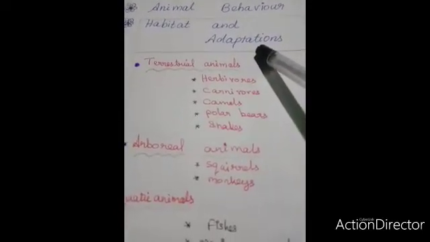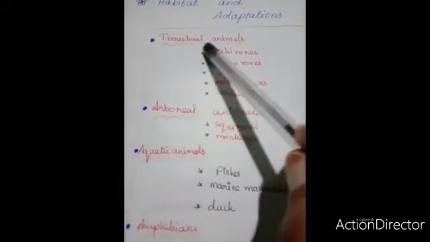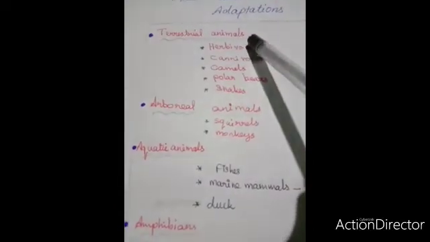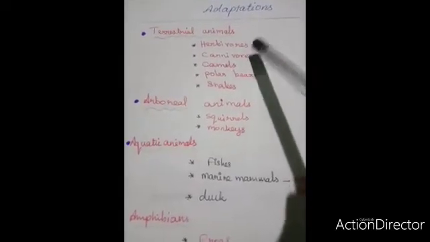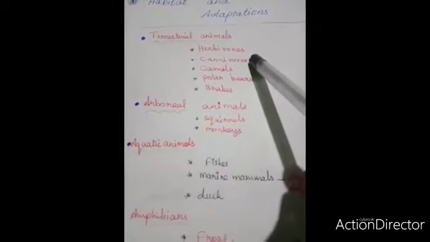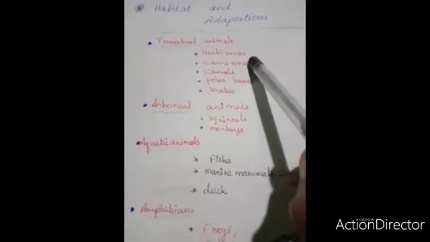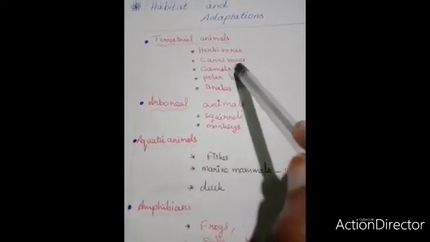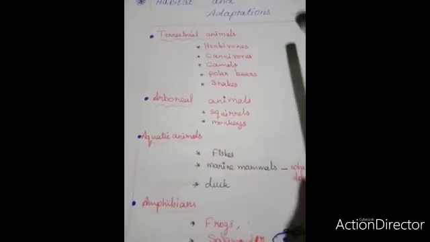Based on the habitat, animals are classified into terrestrial animals or land animals. Example, herbivores are grass-eating animals. Carnivores are flesh-eating animals, otherwise hunting animals. We have also taken camels, polar bears and snakes to study their adaptations.